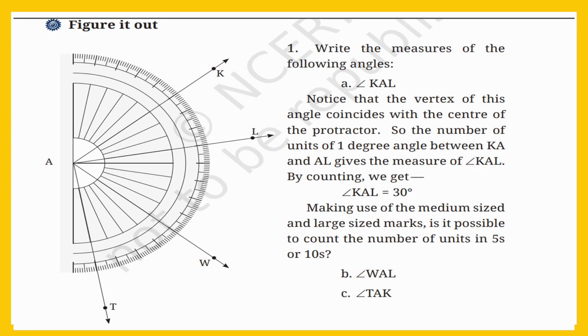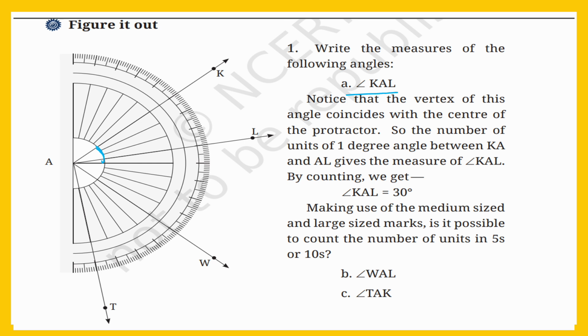Write the measures of the following angles. Angle KAL. We have to find the measure of this angle. Notice that the vertex of this angle coincides with the center of the protractor. So, what is the vertex of angle KAL?